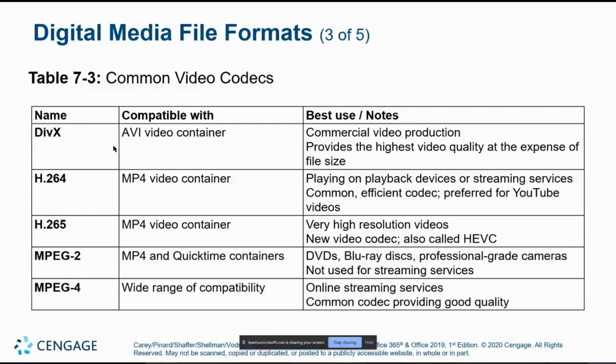MPEG-2 and MPEG-4 are more general purpose, multi-format codecs. They give you a few options, as you can see here. However, I personally don't use them. I'm not a fan of their outputs. I stick to H.264, like I said.